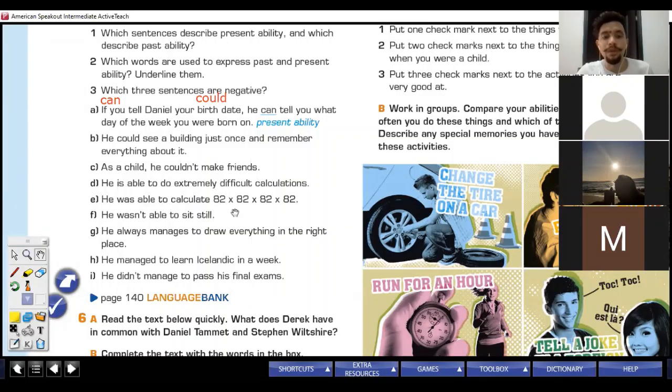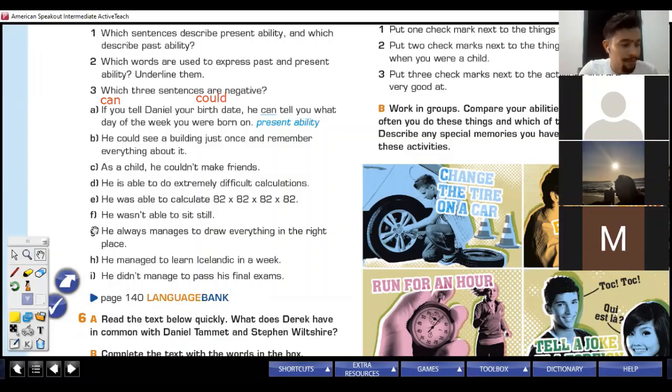He was able to calculate 82 times 82 times 82 times 82, right? Past ability, with was or were able to. Don't forget that this is a complete phrase, right? Be able to. It's always like that. So don't miss out the to, please.